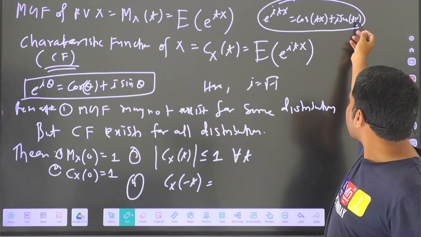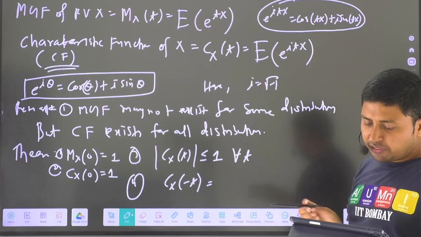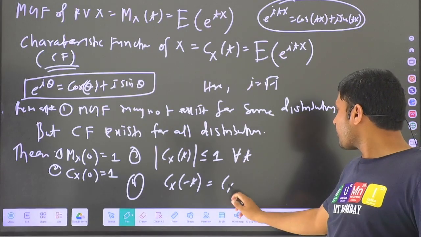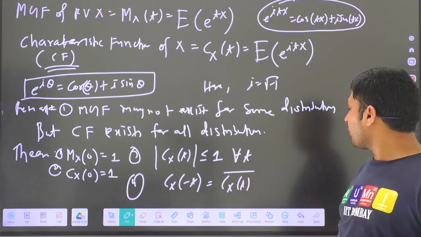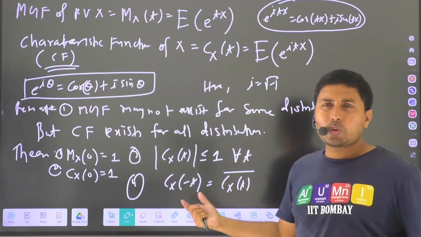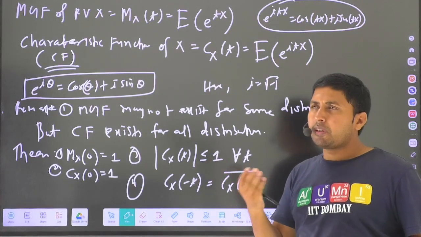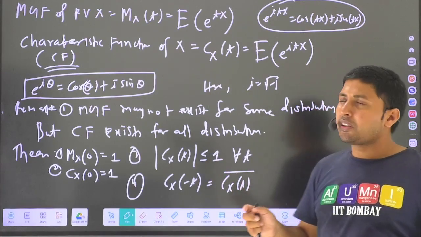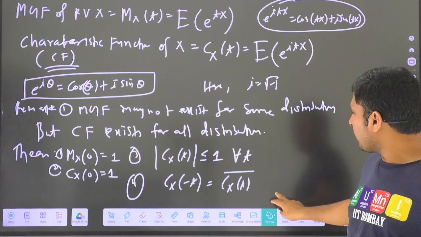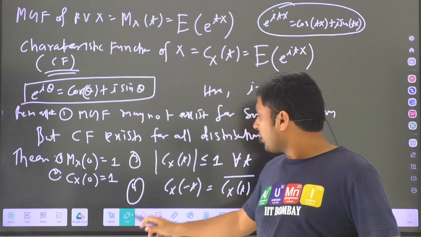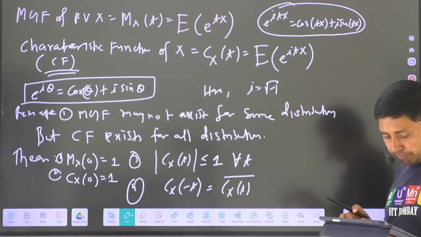If you simplify further, you will find it is the conjugate of C_X(t). You have to be a little familiar with complex numbers, a plus iota b; the conjugate can be verified very easily.